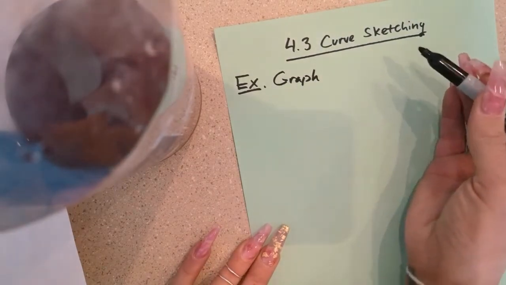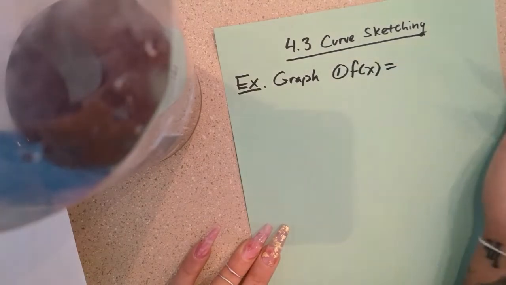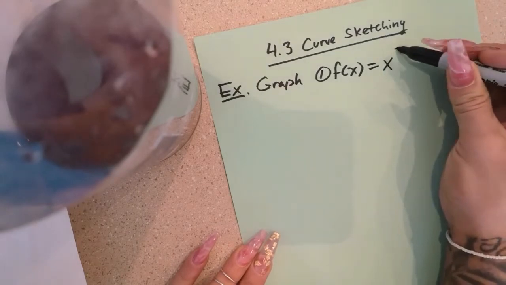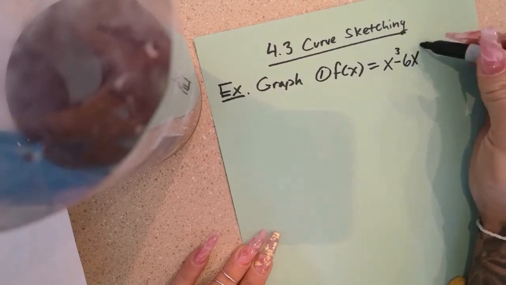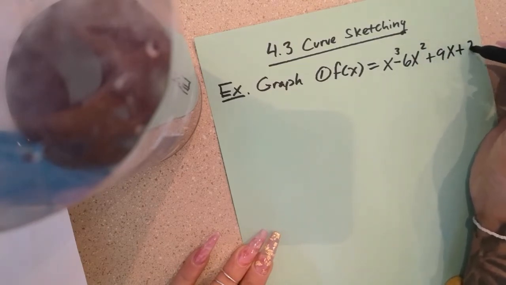So for the first example, let me see if I can graph a polynomial function. How about x cubed minus 6x squared plus 9x plus 2.